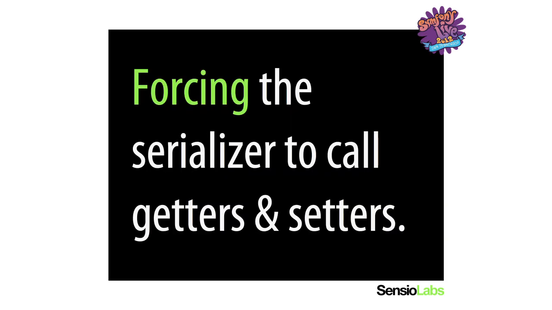By default, this serializer object uses reflection to expose your information, to serialize your object. So maybe you would like to force the serializer object to call some getter and setter methods.